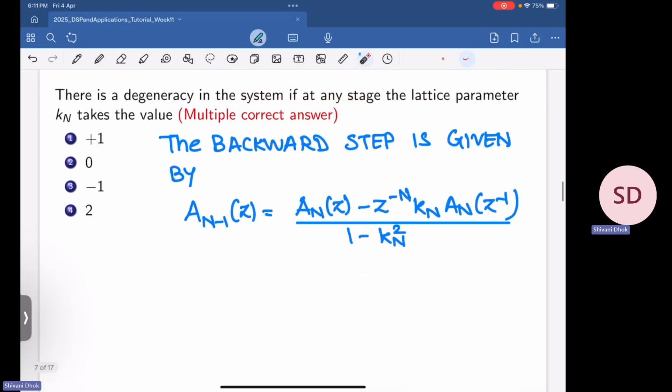Now, if you observe this equation here, when will degeneracy occur? Degeneracy will occur when the denominator is equal to 0. So, let me write that.